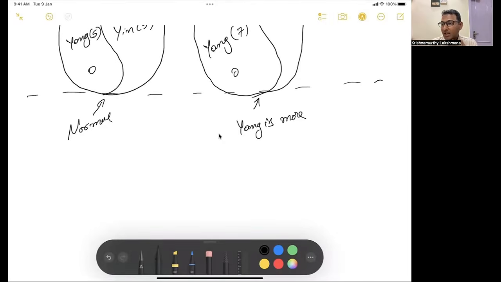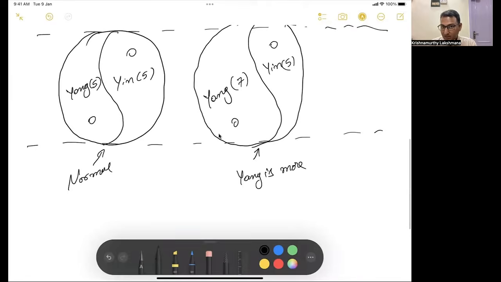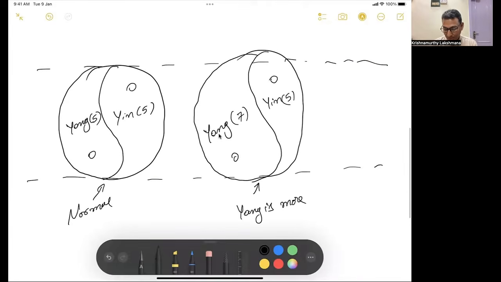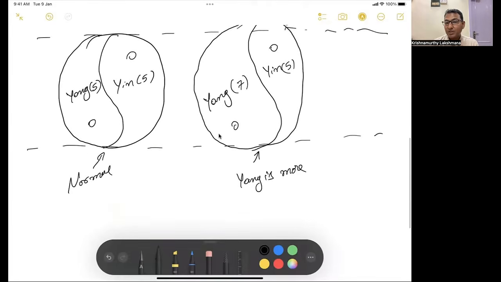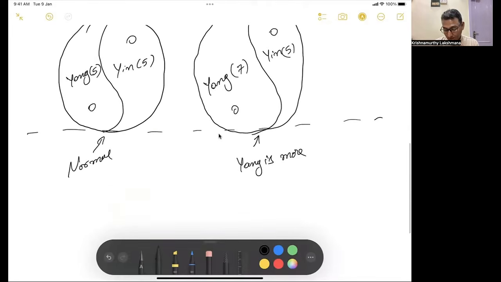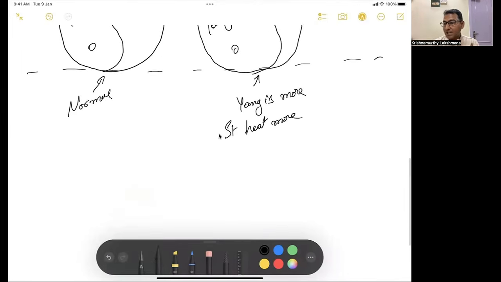Okay, let's say if this becomes a situation in the stomach, what do we say? We say stomach heat. Heat is more. If the same situation happens in the heart, we call it heart fire.